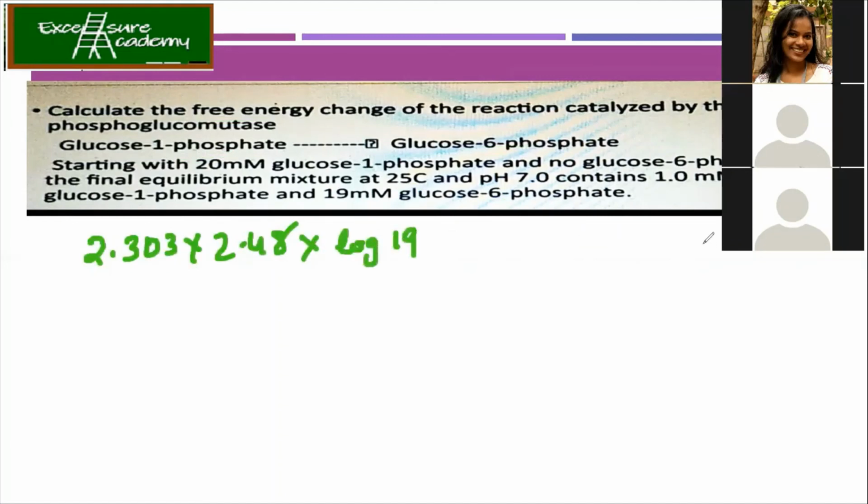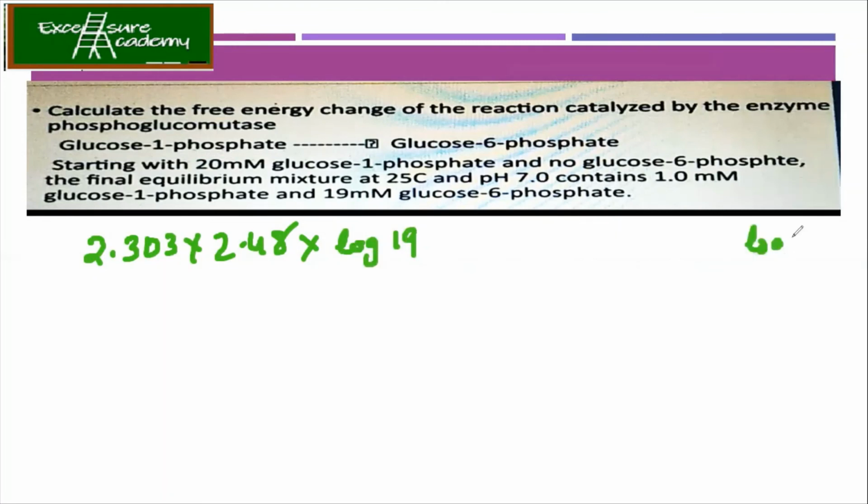I told you to remember the value of log 2, so log 2 is 0.301. And I know that log 19 is near about log 20. So log 20 can be written as log of 2 into 10, right?